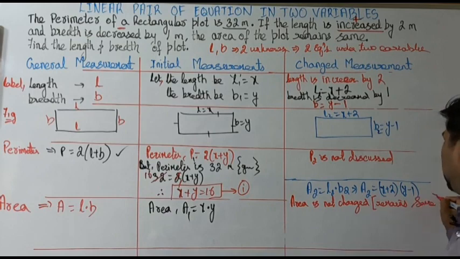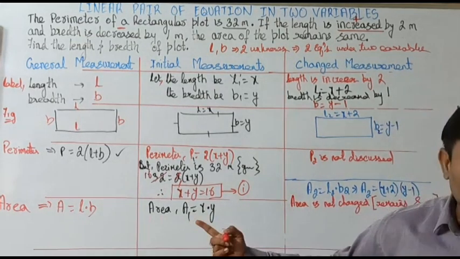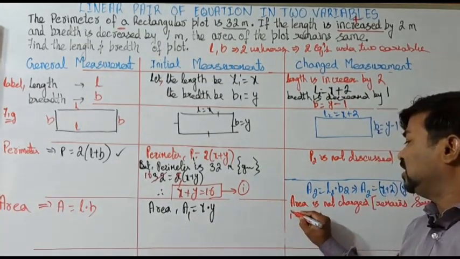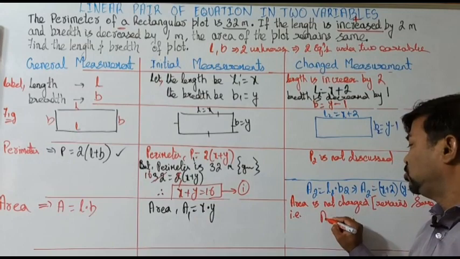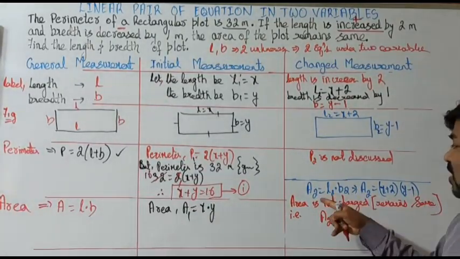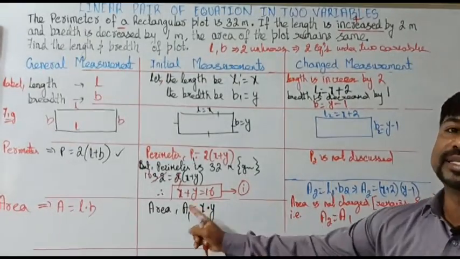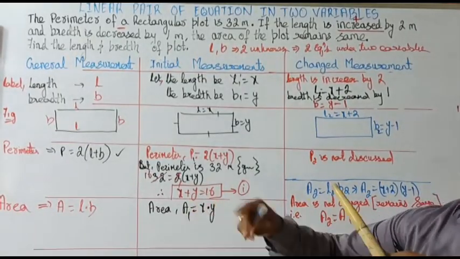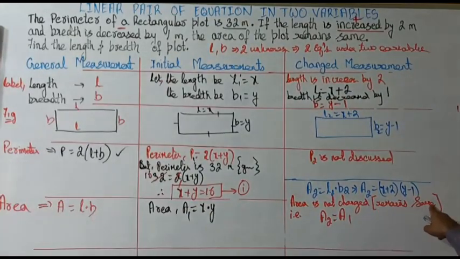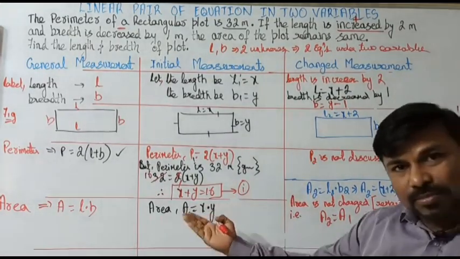Earlier, whatever the area might be, the same area exists. What does it mean? That is, A2 is the same as A1. That is what he is saying. Whatever area we are getting here is the same as the area we got earlier. A2 is nothing but A1.